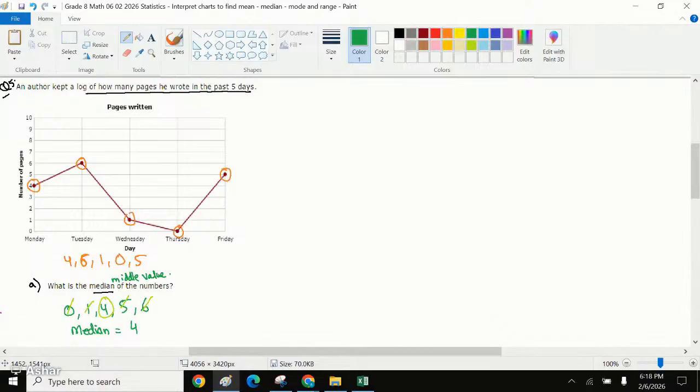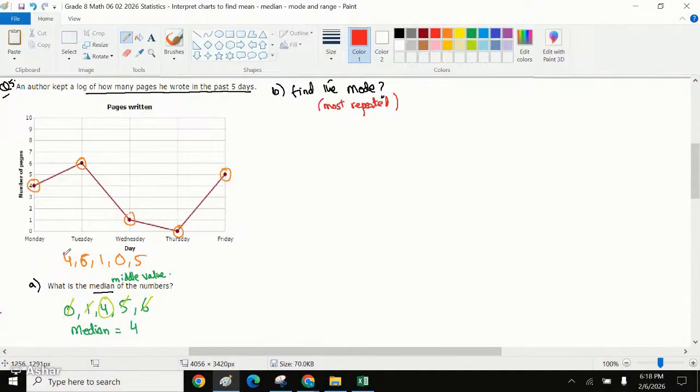Okay. Moving ahead to the next part, part B, can we find the mode? Mode means most repeated.